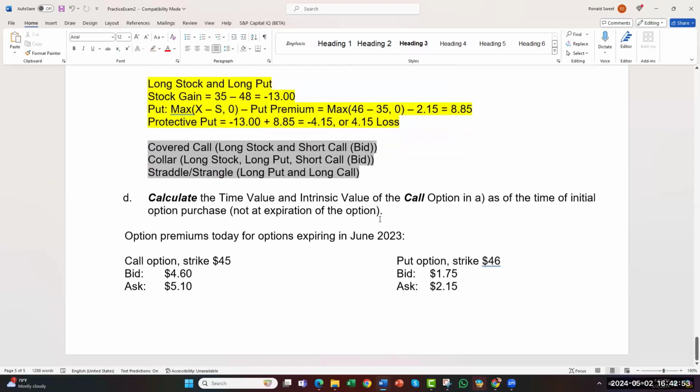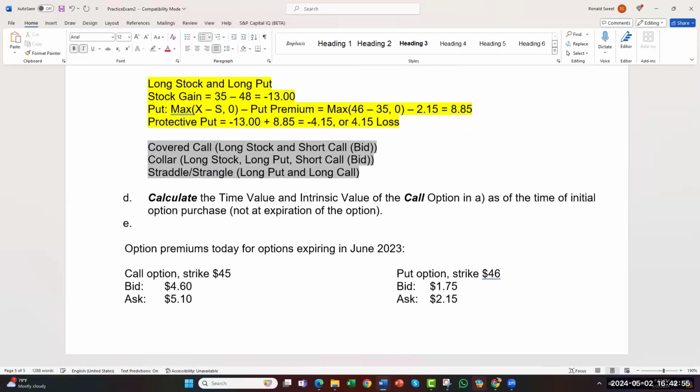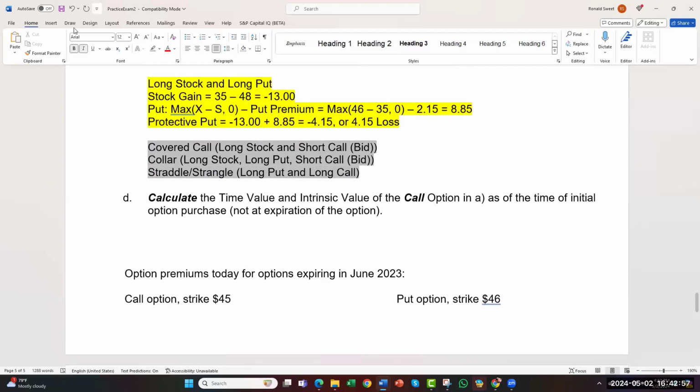All right, and then the last one is time value, excuse me. So time value equals the option premium minus the intrinsic value.